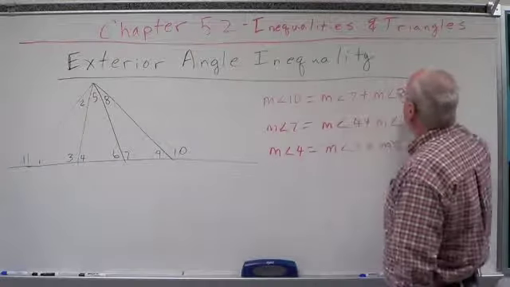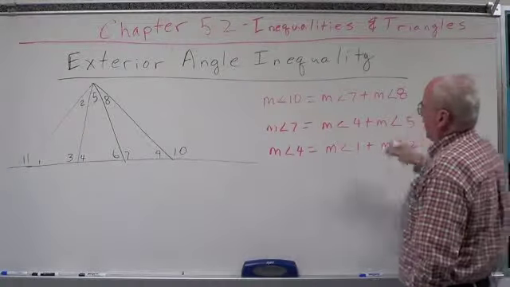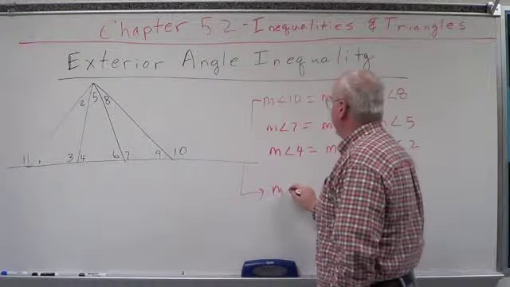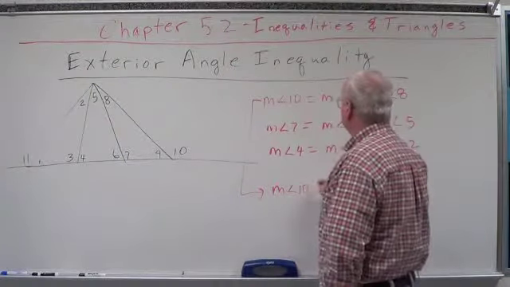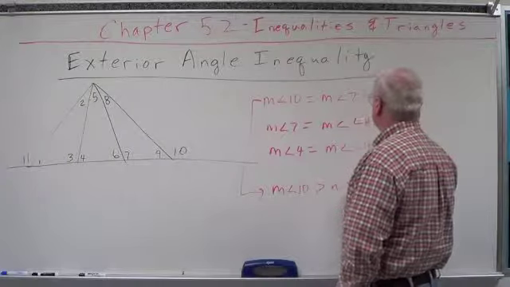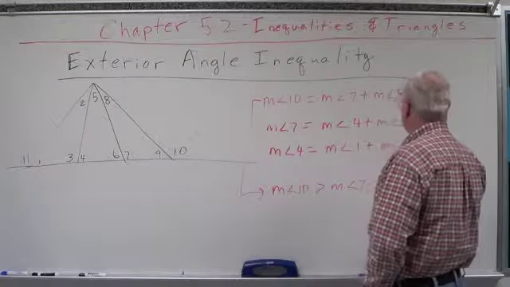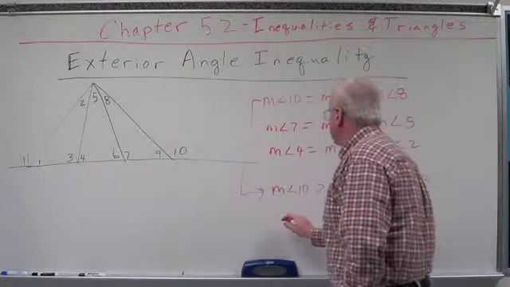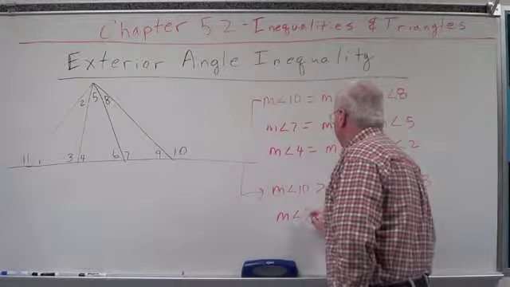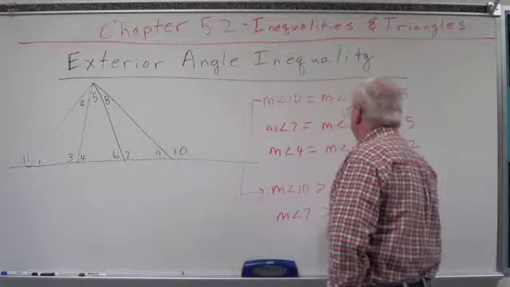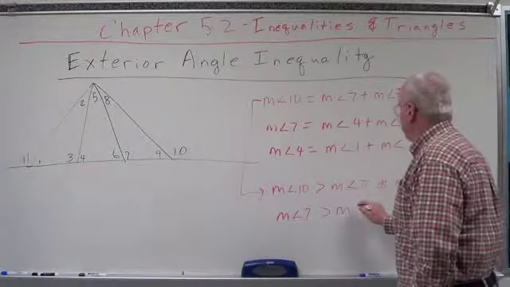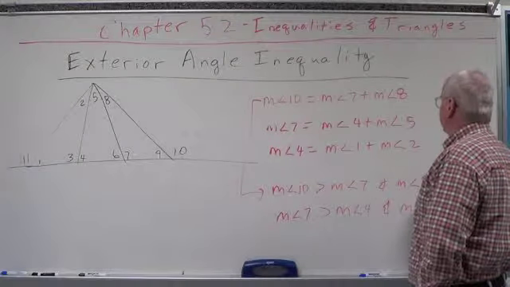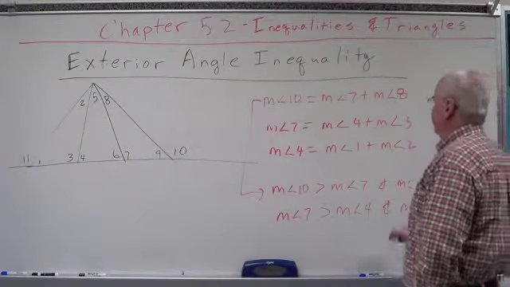Therefore, the measure of angle 10 has to be greater than the measure of angle 7 and the measure of angle 8. The measure of angle 7 has to be greater than the measure of angle 4 and the measure of angle 5.